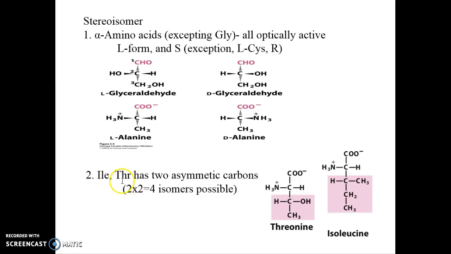Isoleucine and threonine, these 2 amino acids have 2 asymmetric carbons, one in the side chain at this position, and also this position, so different isomers may be possible.